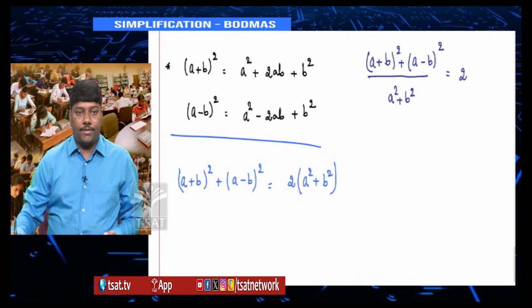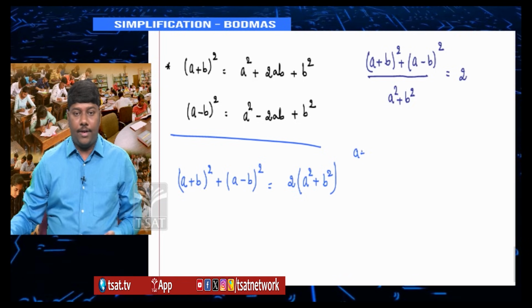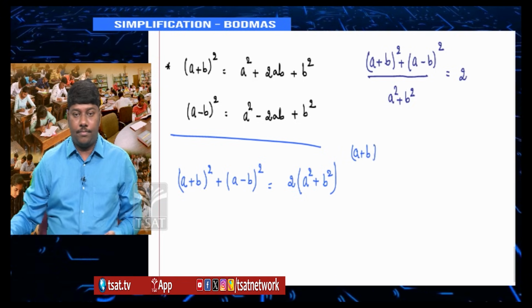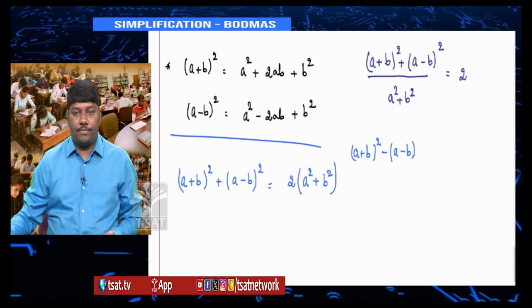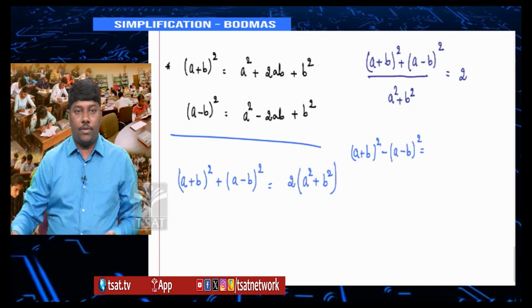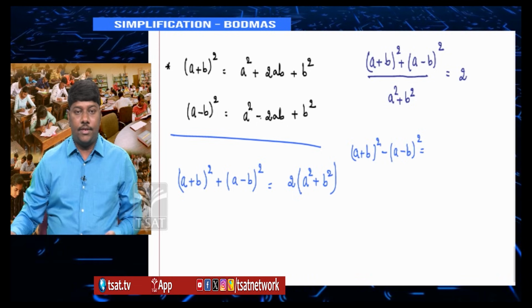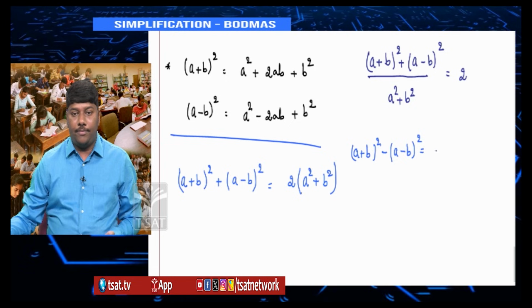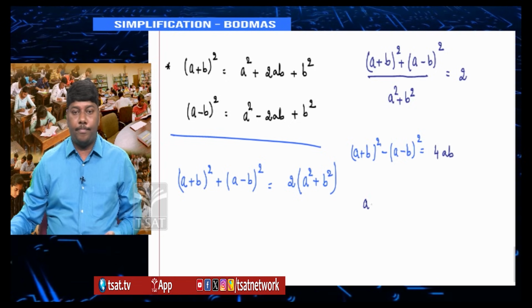Suppose if you do minus, what happens if you do minus? A plus b whole square minus a minus b whole square. So, only 2ab, then a square b square cancels, then it becomes 2ab plus 2ab, it becomes 4ab. Therefore, what I can write here?